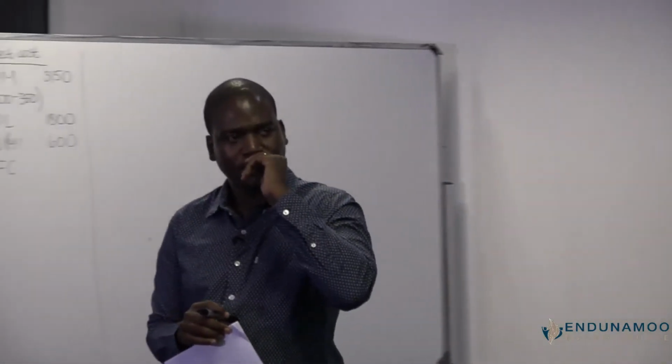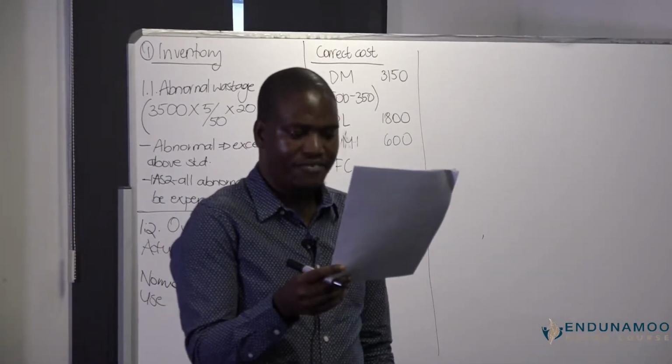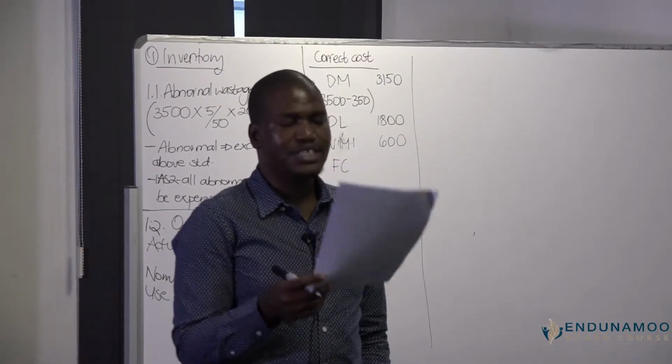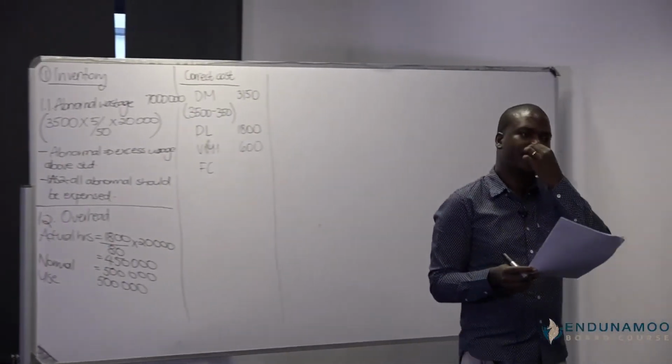So I used the 500. I said 500,000 divided by 20,000 to give you the hours per unit. Then I got the rate per unit by saying 1,800 divided by 80, which gave me 22.5. Then I multiplied the 22.5 by 25 and got my cost of 562.